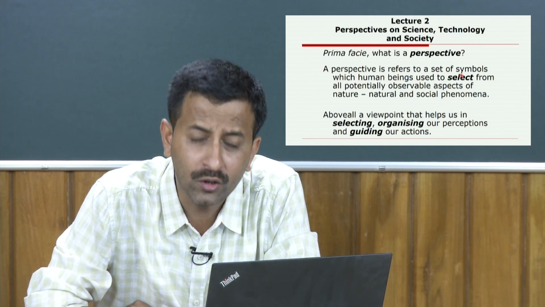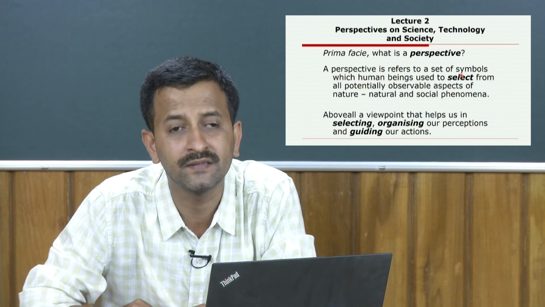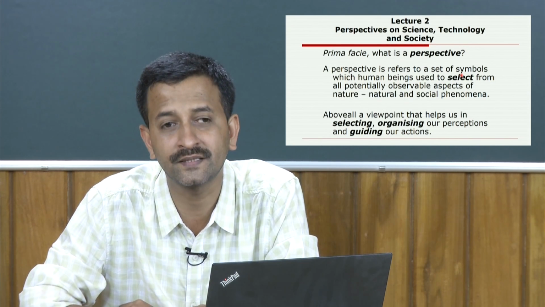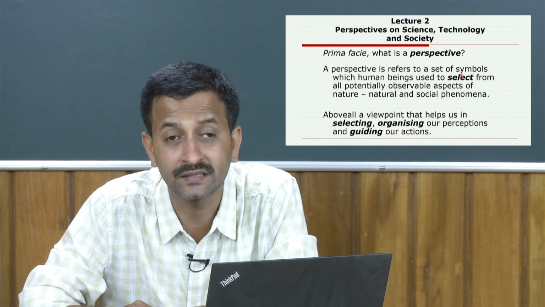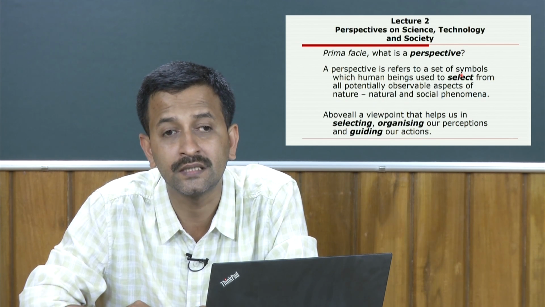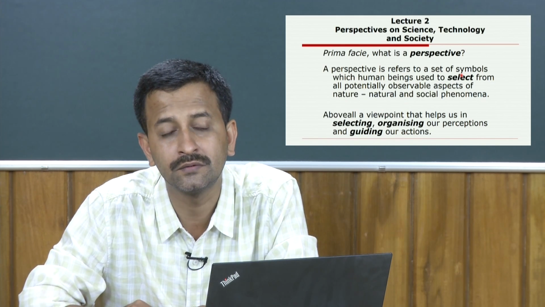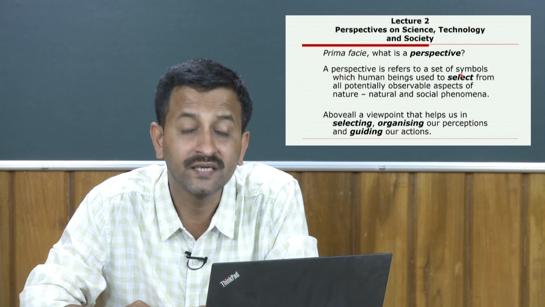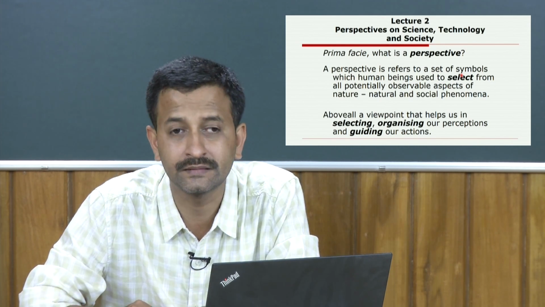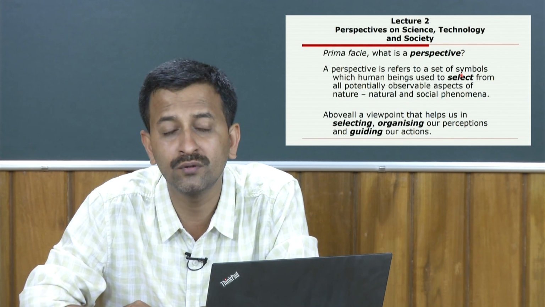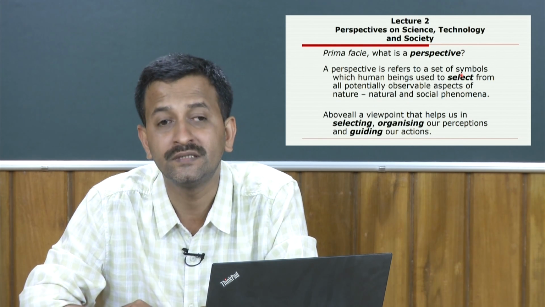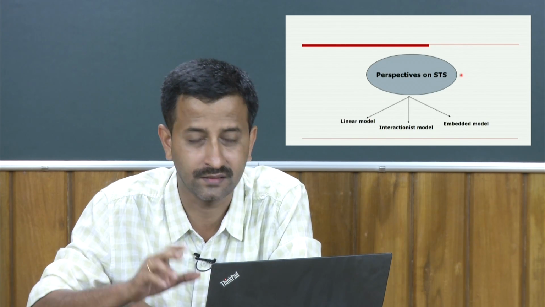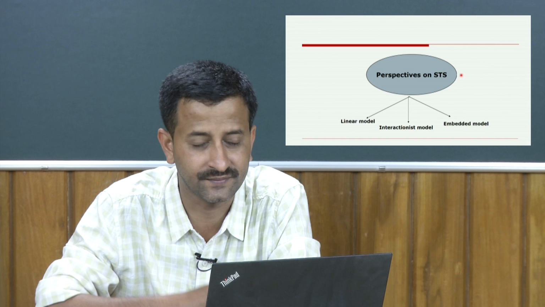And there should not be any single perspective, there must be multiple perspectives. A single perspective will be undemocratic. A single perspective is inimical to the formation of a democratic society, whereas multiple perspectives will lead us to a more humane, more democratic society. There are three perspectives in general.